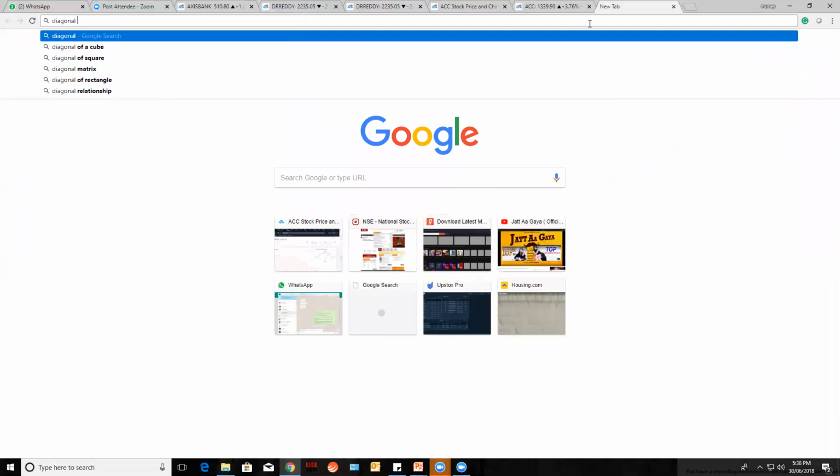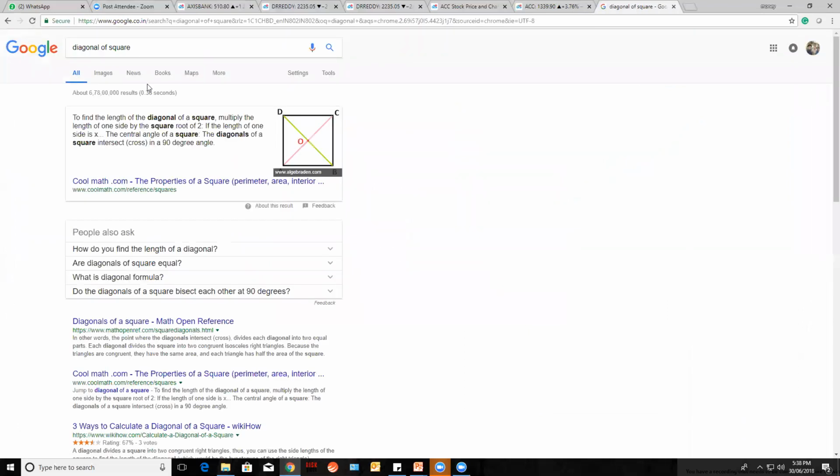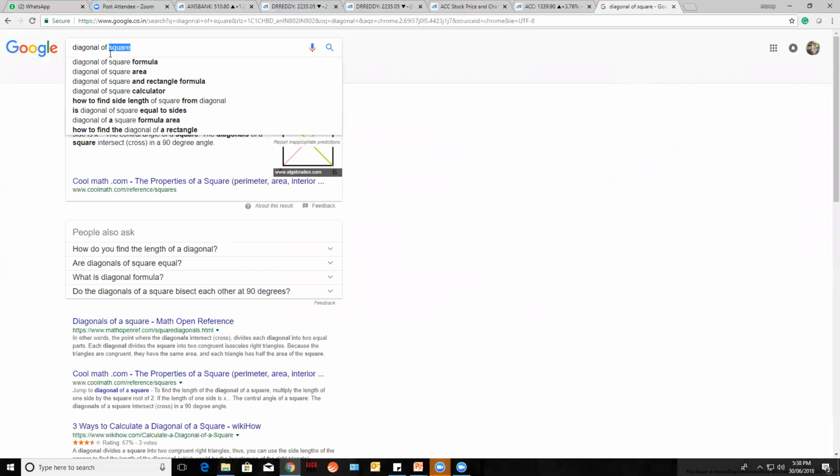I will show you in Google also, so it will be easy for you to understand what is the diagonal of a triangle.